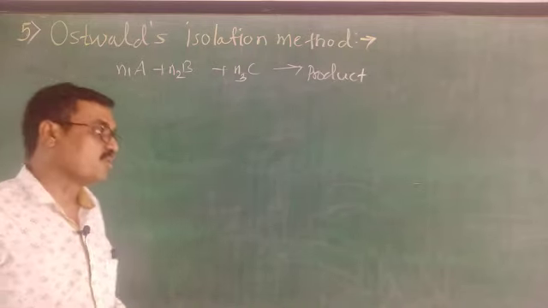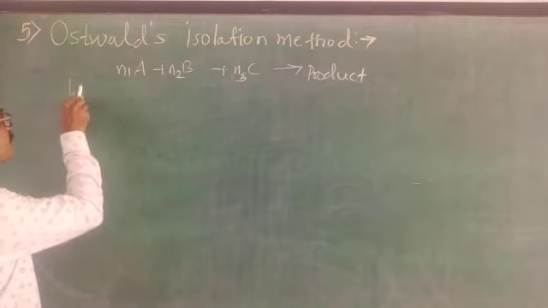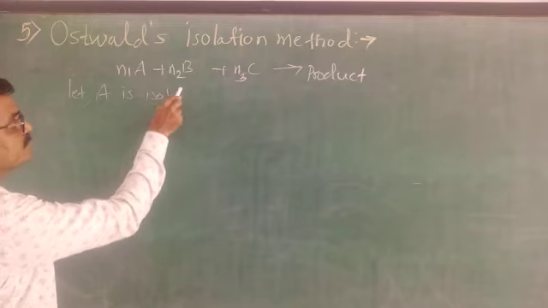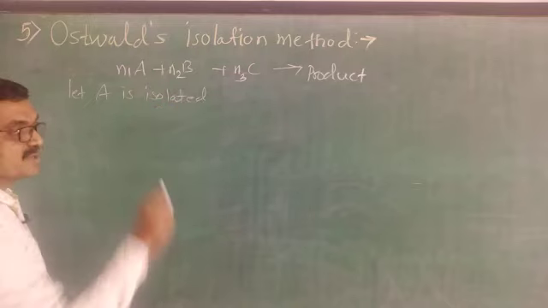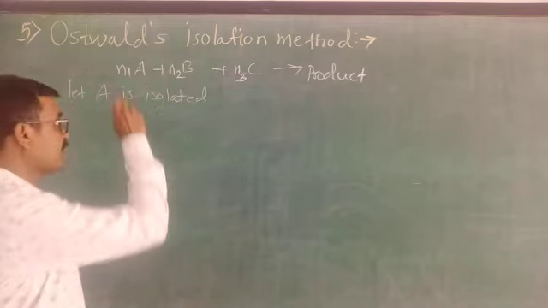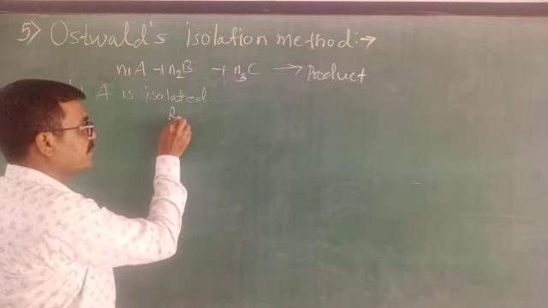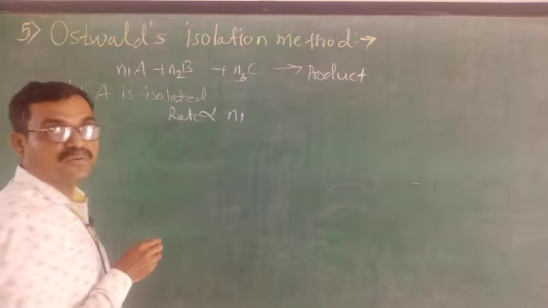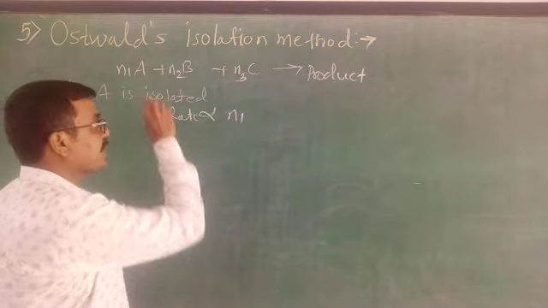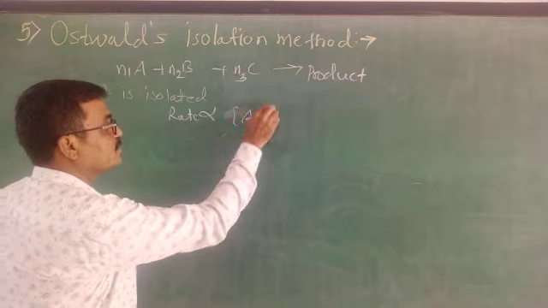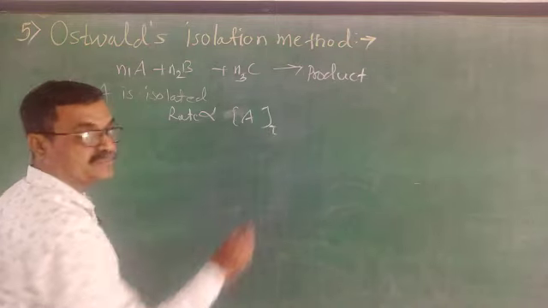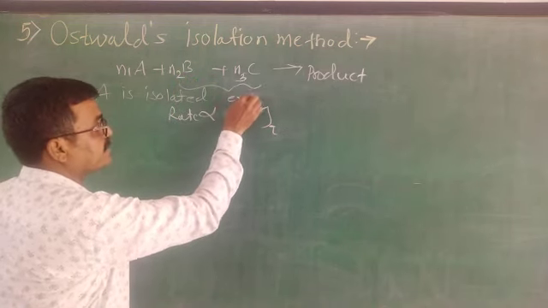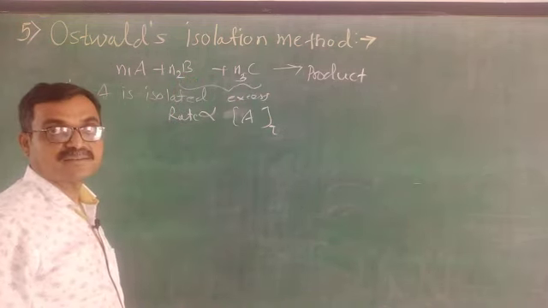Okay. Now here let us assume A is isolated. Suppose अपन ने reactant A को isolate किया, मतलब the rate of this reaction is directly proportional to the concentration, the number of moles, of that reactant, the number of moles of A at time t, because the other two are taken in excess.